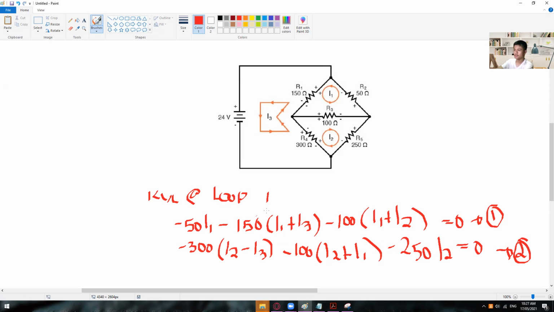So are we clear so far? KVL at loop 1 and loop 2. Were you guys able to follow? And how did we get this equation number 2? Let me just check so that we can go back to that part again on how we came up with this I2 minus I3, and so on.